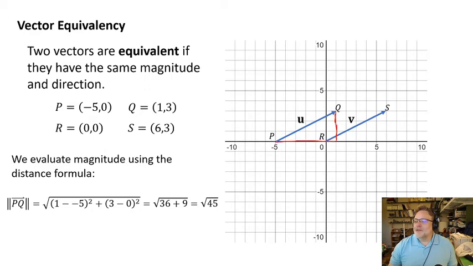Because if I draw this triangle here, and I'm wanting to know the distance from here to here, this distance squared should be equal to this distance squared plus this distance squared.